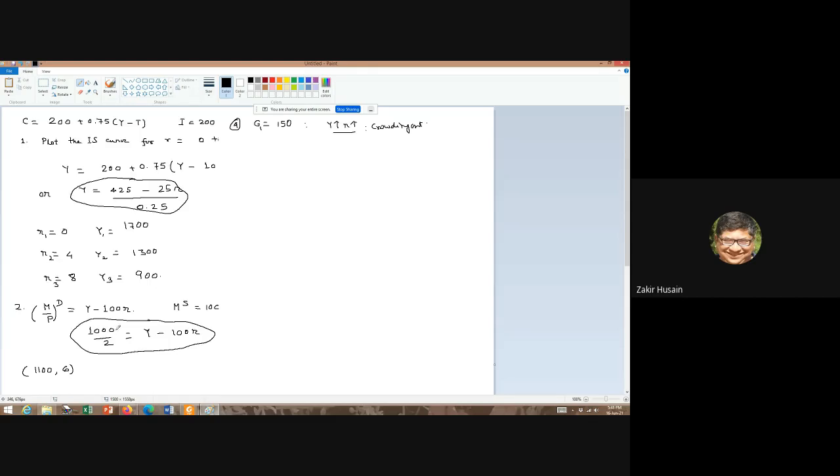So the LM curve will not be affected. This is the curve that will be affected.